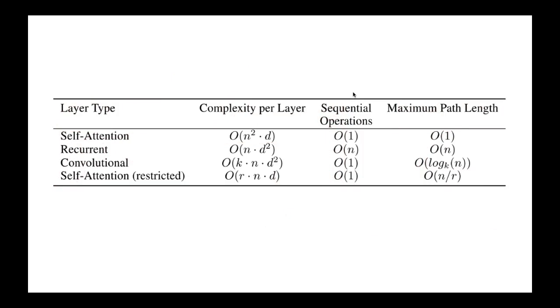And let's look at the table that summarizes what I just said. For the layer complexity, n is the number of your tokens. You have n squared because you need to compute the attention matrix, which will be n times n. If you have a lot of tokens, then your layer complexity will be big. But normally, your n is much smaller than d, because d is the dimension.